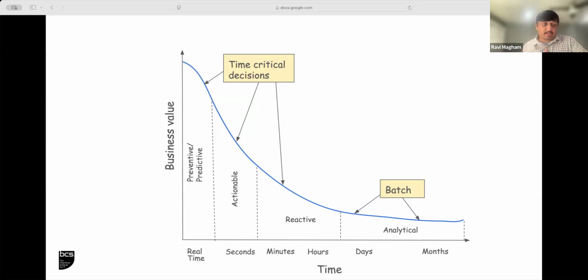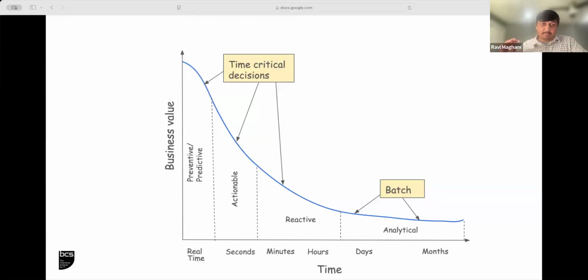If you put it in a chart, you have time on the x-axis, and the business value of events that have happened in the last second, minute, or in real time has a higher value when compared to when you begin processing or analyzing that data after an hour, a day, or months.